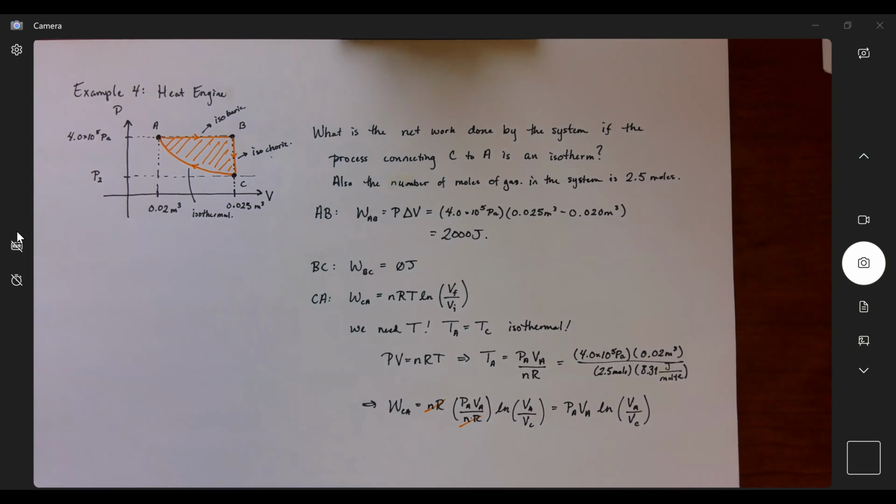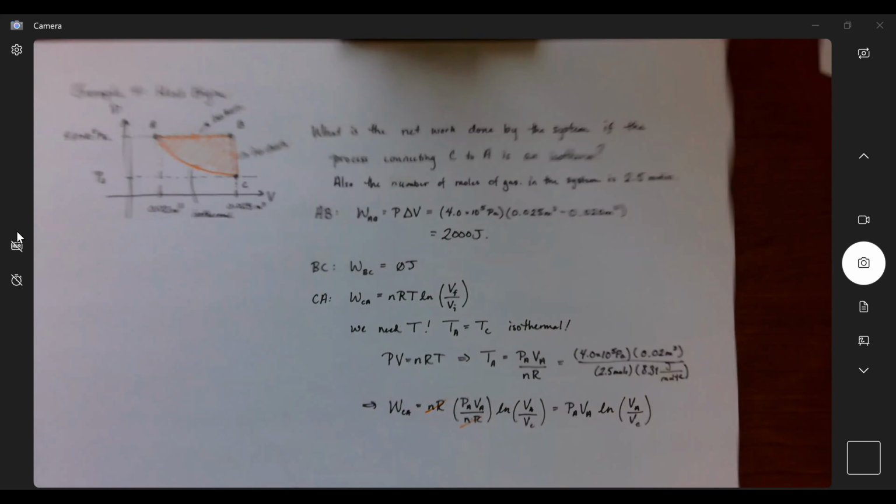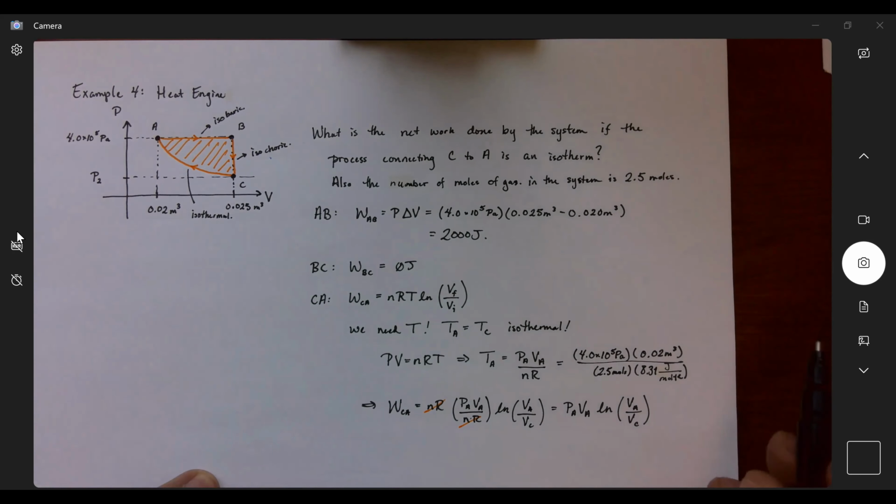Okay. And let me just doubly verify that this number does come out, because I did it for the other one with a different number, but I just want to make sure. 10 to the 5 times 0.02 divided by 0.5 divided by 8.31. Oh, that's interesting. Okay, I get a different number than that.